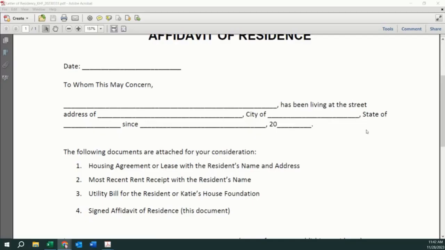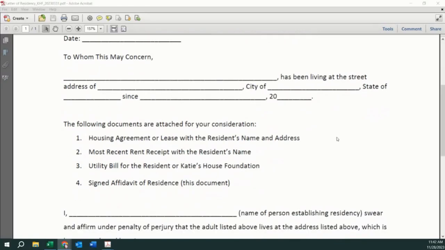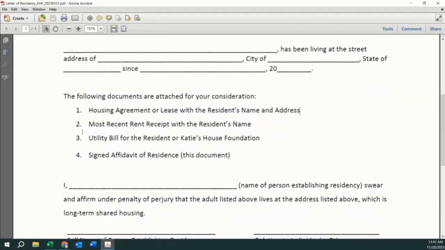So we'll keep going here on this affidavit. It's a lot like verifying, if your child goes to school, you have to prove that you live in that district. And so a lot of times they will ask for the house agreement, and then maybe a recent rent receipt and or a utility bill for the resident or for Katie's House Foundation.